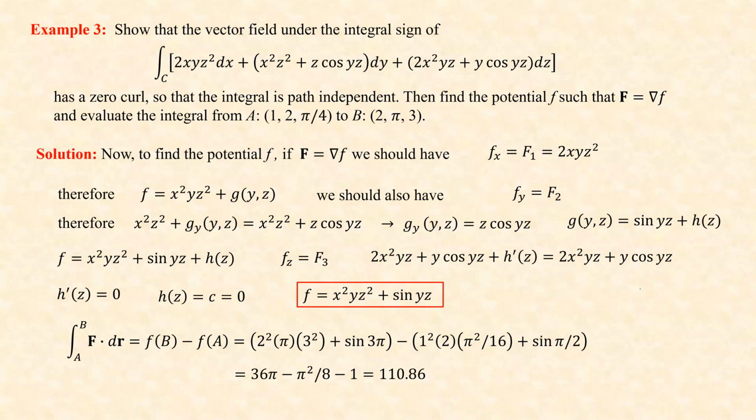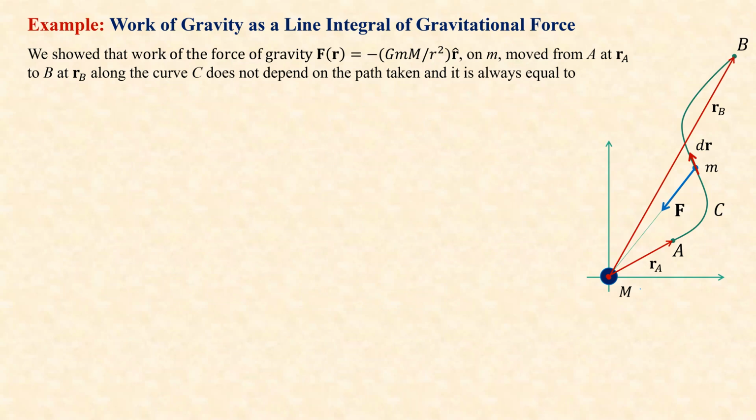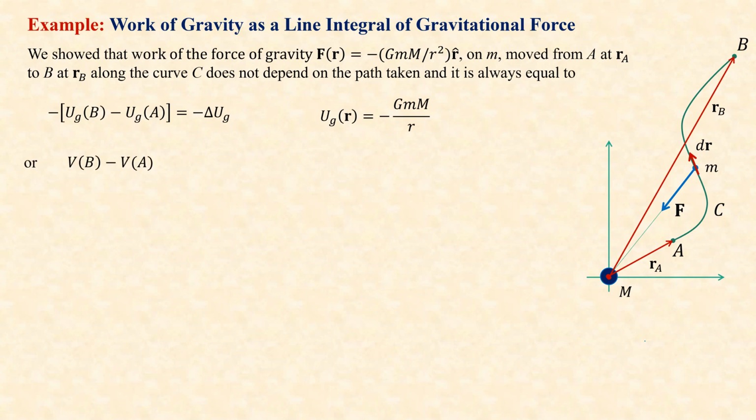All right. So the work of gravity as a line integral, again, we talked about that. It is the negative change in gravitational potential energy, but gravitational potential energy is negative GMm over r, or we can say V minus V_A when V is this function.